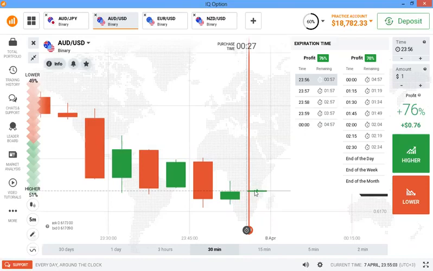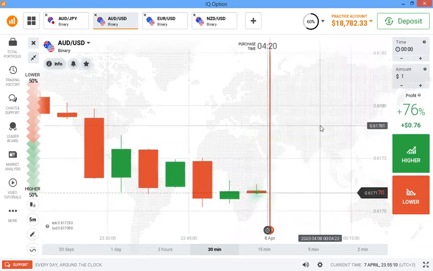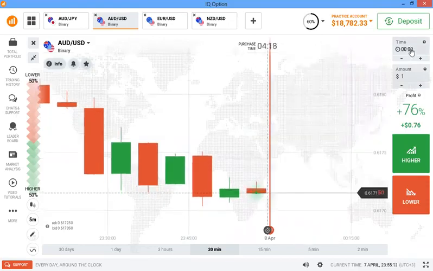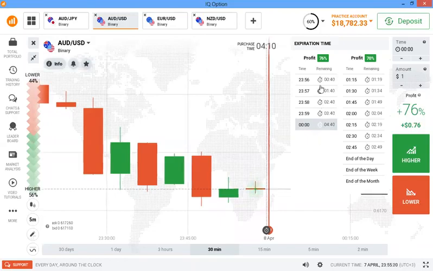Now the next candle has started for 5 minutes, and we have 23:56. So that means you set your time to 00. From 23:56, set the time to 00. You can see the 5 minute interval.